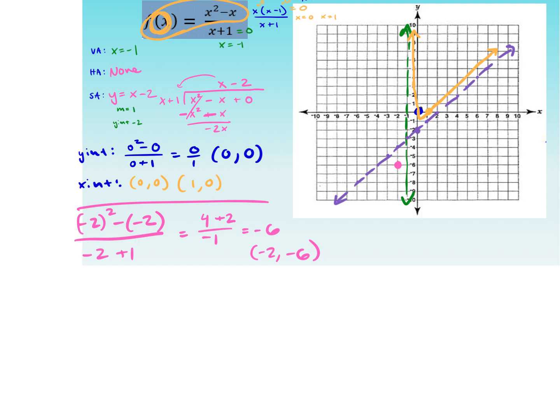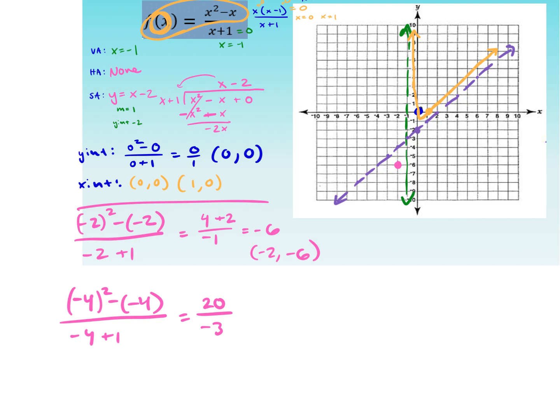So let's plug in, I said 4, so -4. So -4 squared minus -4 over -4 plus 1. So this would be 16 plus 4 would be 20 over -3. -3 goes into 20 6 times.